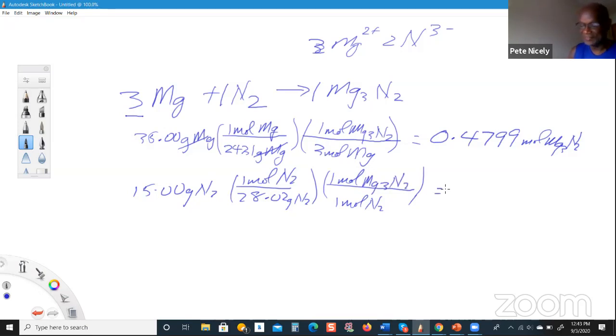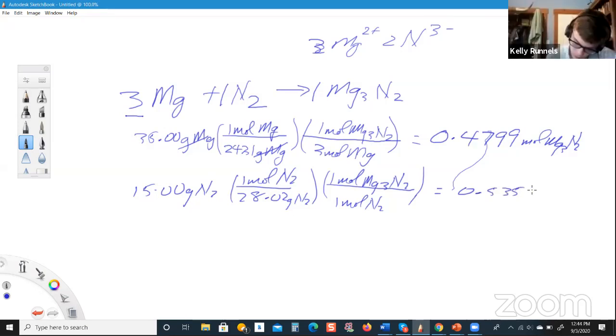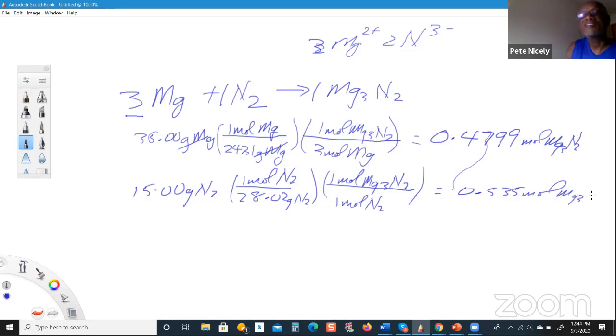And again, do some number crunching. 15 divided by 28.02 times 1 gives you, okay, so according to my calculation, this works out to be equal to 0.535 moles of Mg3N2. So therefore, we compare these two numbers here and here.